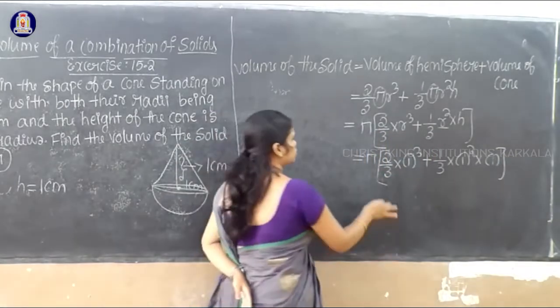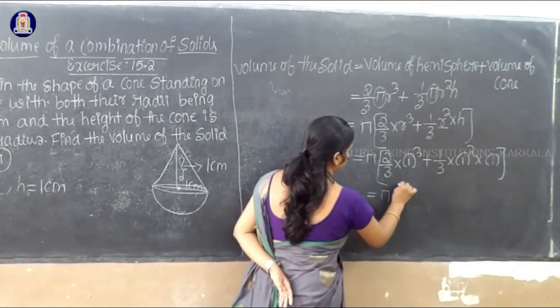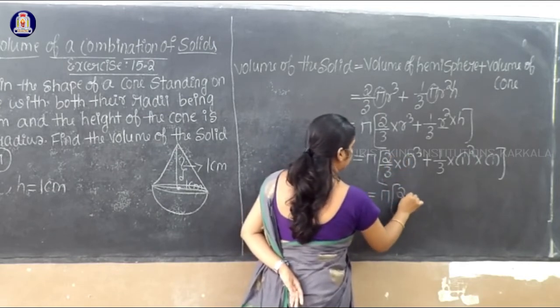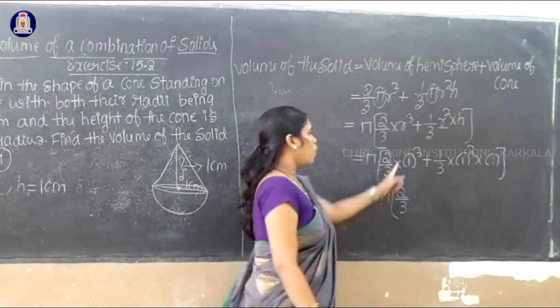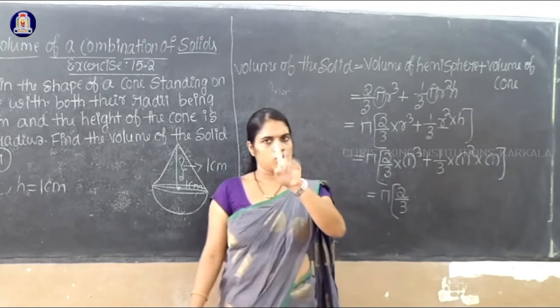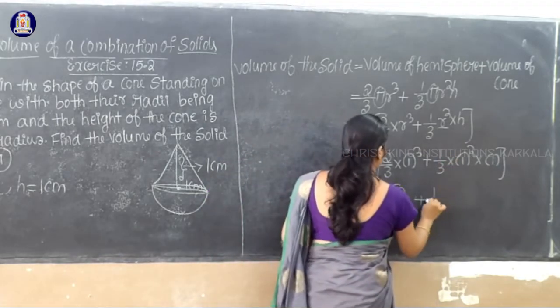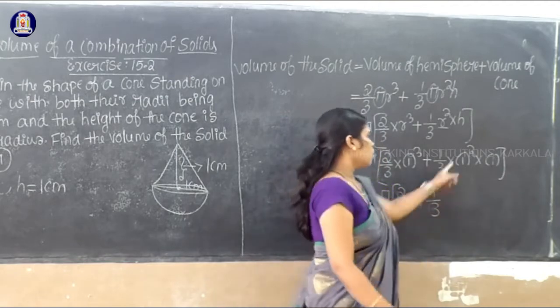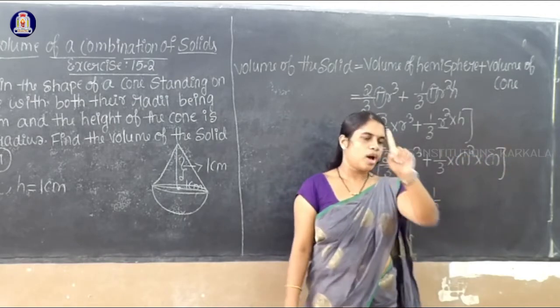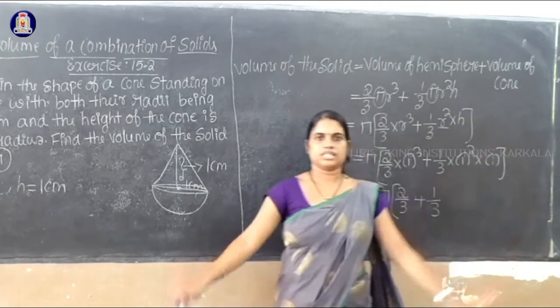So this is equal to pi into 2 by 3, write as it is. 1 cube equal to how much? 1 itself plus 1 by 3, I'll write as it is. 1 square equal to how much? 1. So 1 into 1 itself.